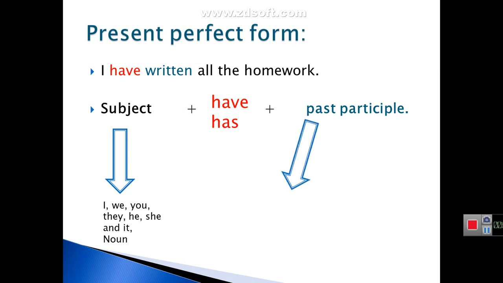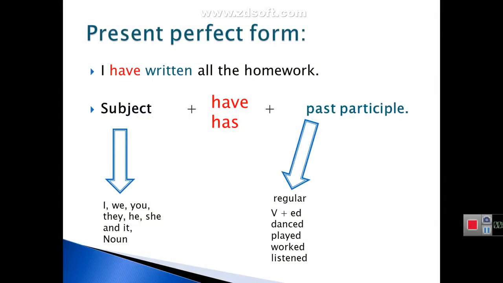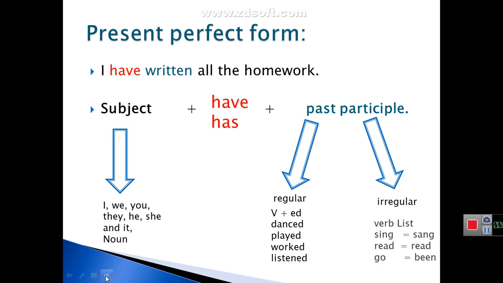Some of them are regular. What does it mean? I'm gonna explain in the last slide in detail. For the regular verbs, I'm just gonna add ed. But for irregular verbs, I think you have already memorized a verb list.